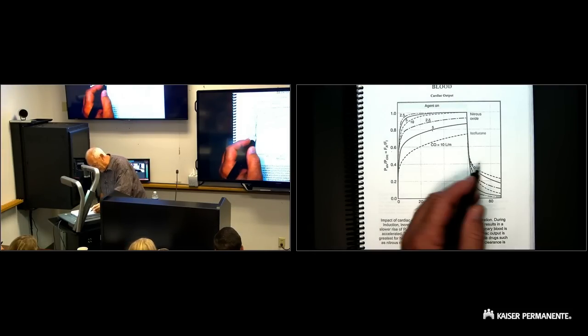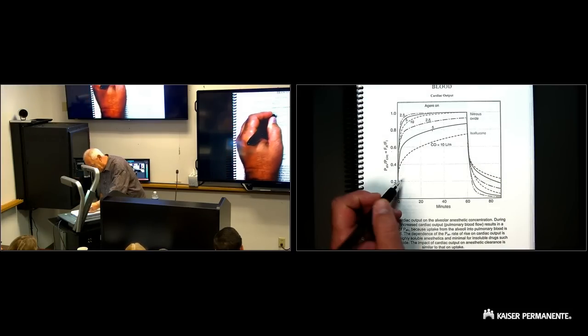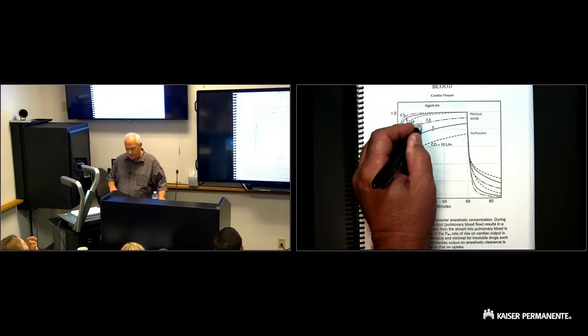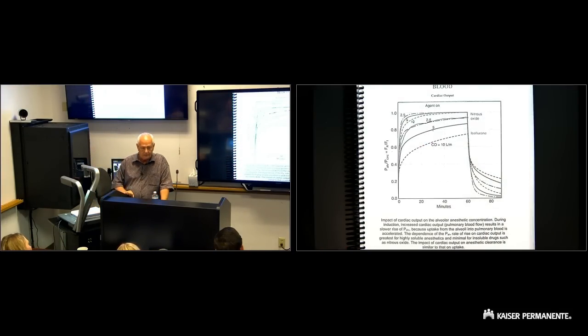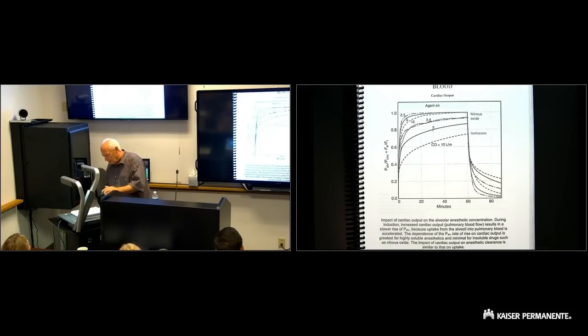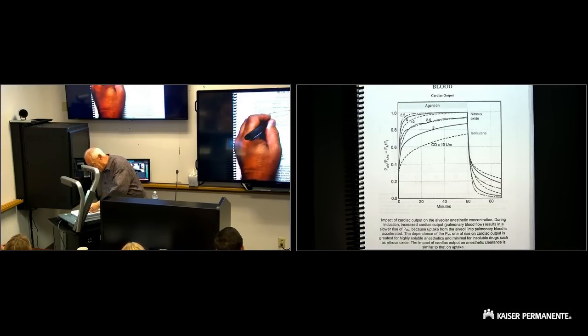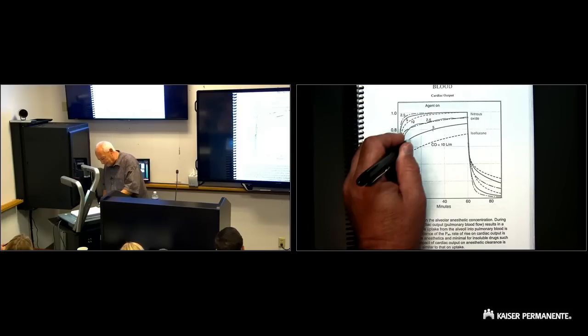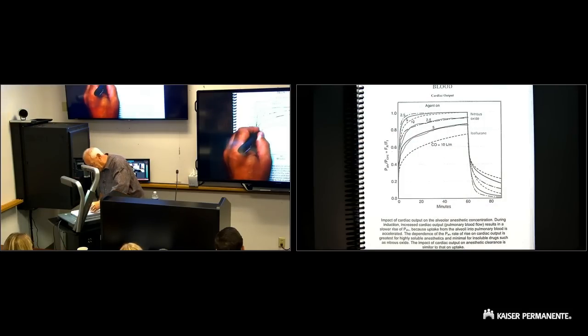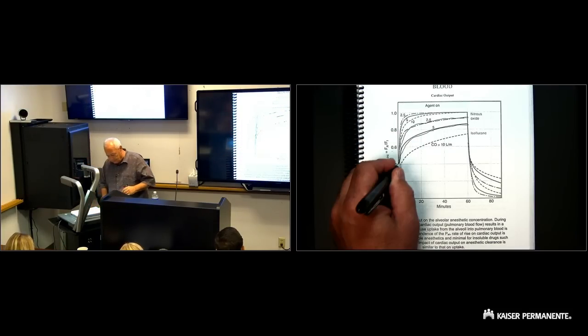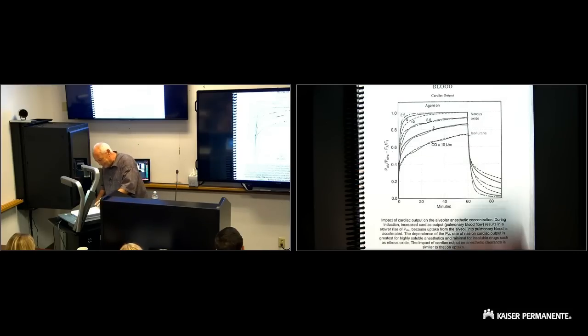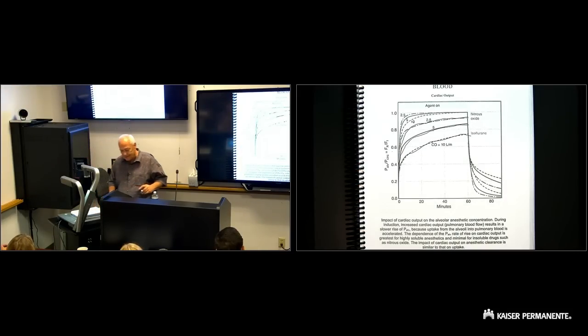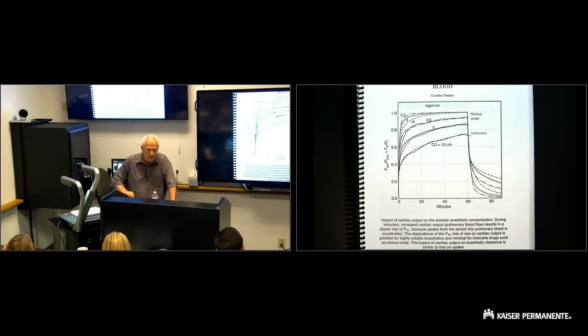So if cardiac output's 2.5 liters per minute, a little bit low, then that's the rate of rise in the lungs. If you have a cardiac output of about 5 liters per minute, that's the rate of rise. And if your cardiac output is 10 liters per minute, you're beating your heart to death, but nonetheless, it's a simulation, and it goes in more slowly. So increased cardiac output slows the rise in the alveoli.